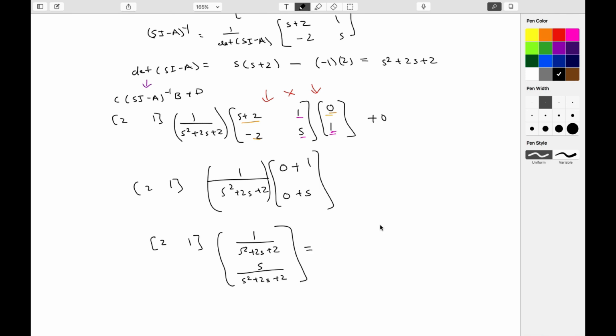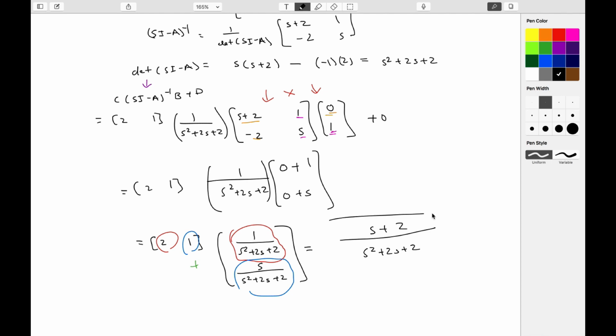And so essentially what we're going to have is equal to two times this top part plus 1 times this bottom part. So when I get that, what I'll get is s plus 2 divided by s squared plus 2s plus 2.